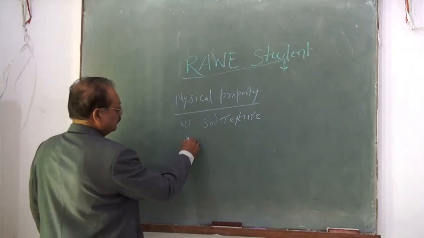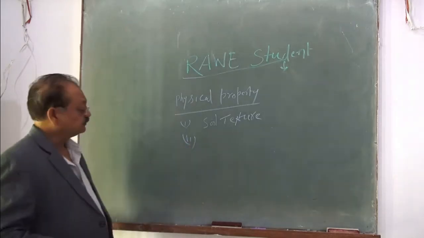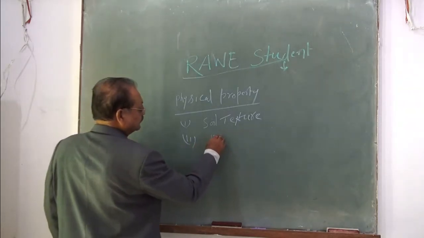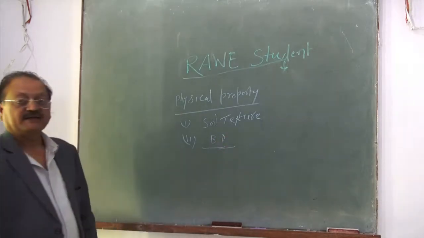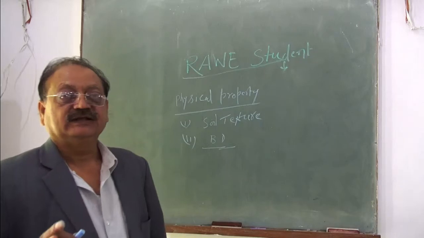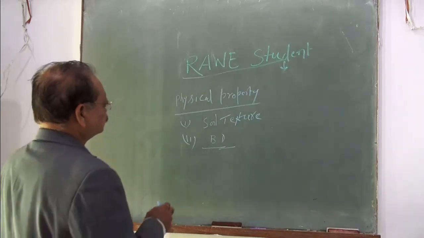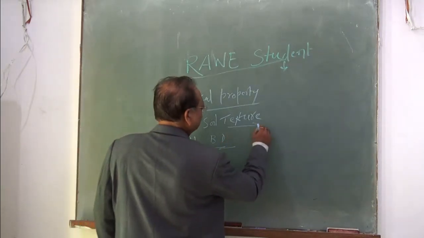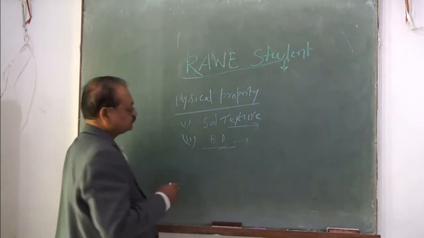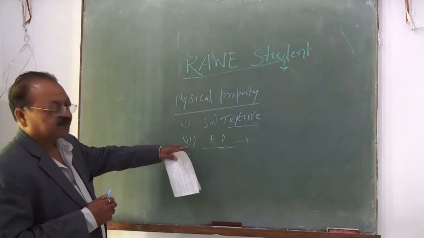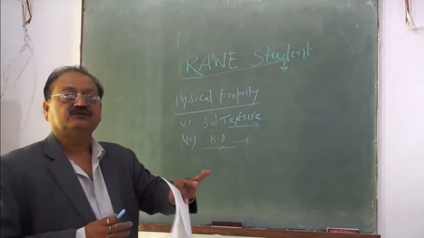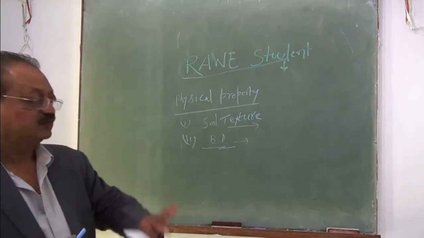Then you also have to analyze the bulk density. These two are the major parameters which you have to study, soil texture and bulk density. Regarding this, I am not going to discuss today. I will discuss it later on.